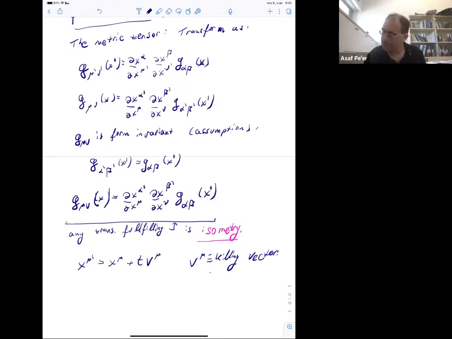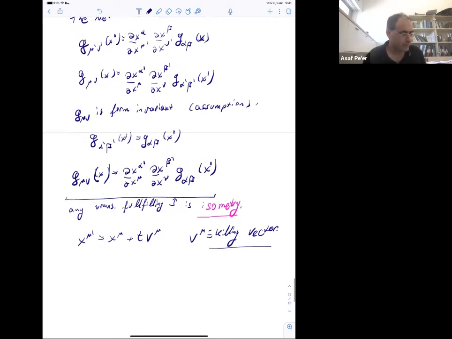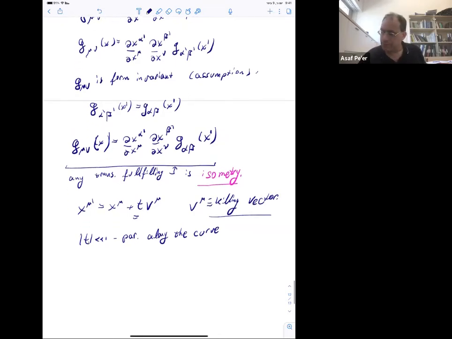So the condition that it's a Killing vector field, of course, t is a parameter along the curve, so we can take t to be much smaller than 1. So that enables us to do a Taylor expansion.